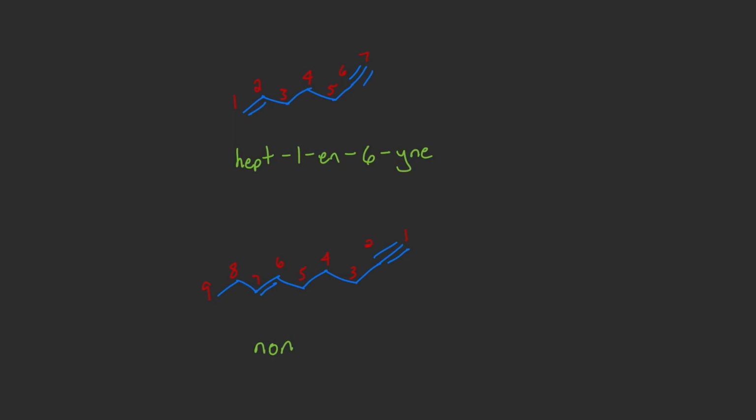So our alkene starts on carbon 6. And then we write our alkyne, starting at carbon 1. Okay, so now we have our name.